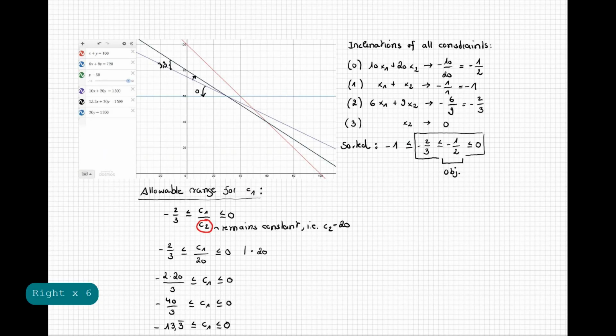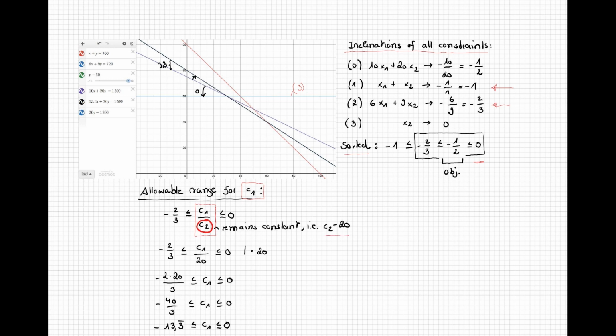This can be answered by looking at the graphical solution once again, and we can also calculate it, which I have prepared here. So if we vary the allowable range for the coefficient C1, it can be calculated by taking the ratio of the coefficients of the objective function, and then we require that the other one, C2, remains constant.